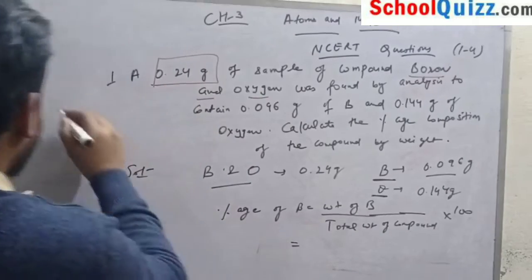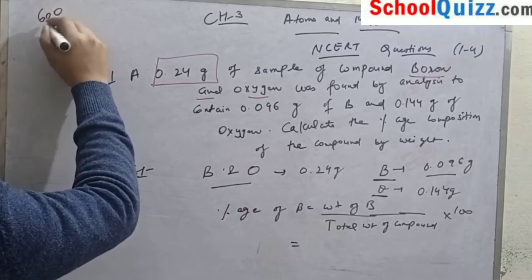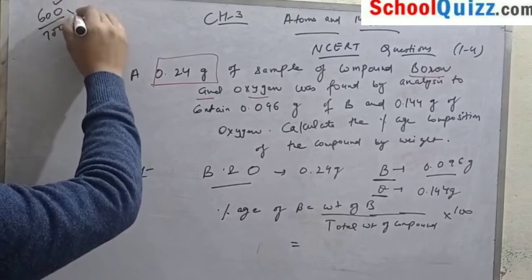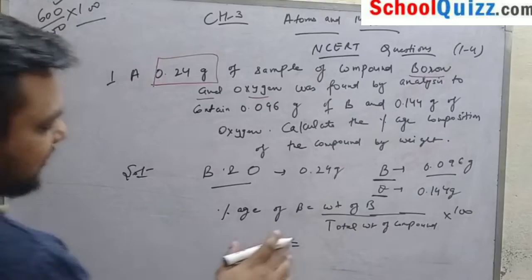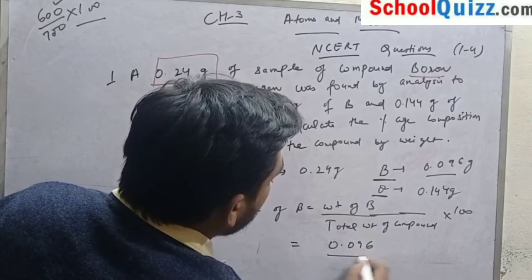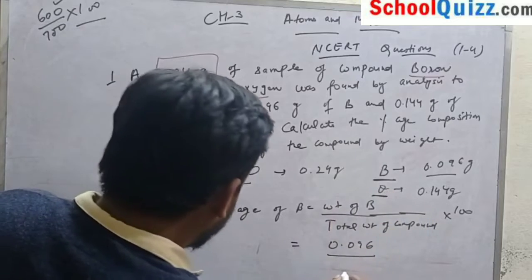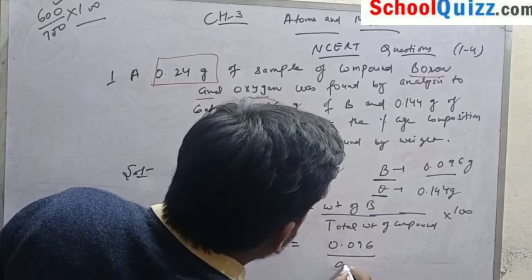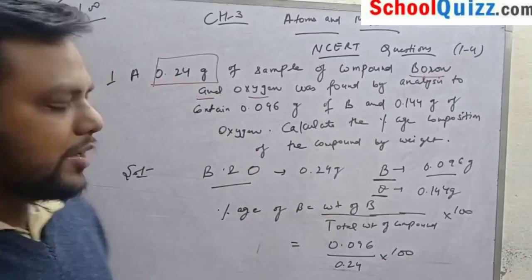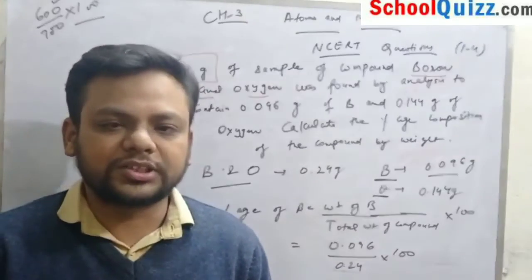Like if you got 600 marks out of 700, you simply do marks obtained upon total multiplied by 100. It's just like that. The weight of boron is 0.096, the total weight is 0.24, multiplied by 100. Now it's the simple calculation part.